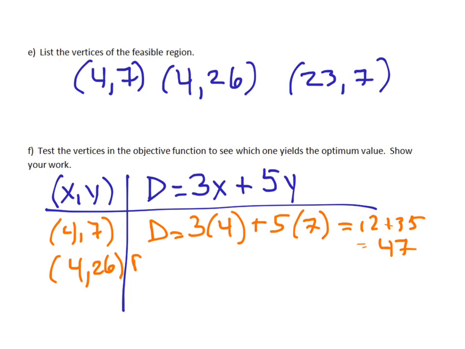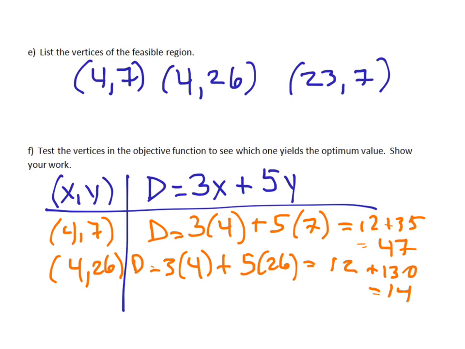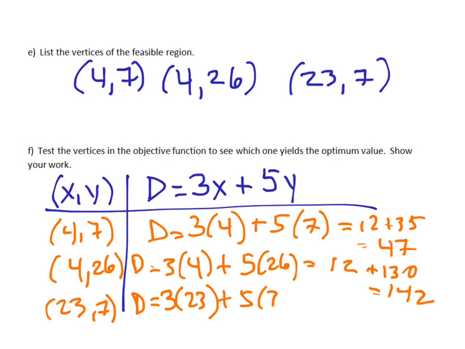4, 26 gives 12 plus 130, which is 142, and 23, 7 is 3 times 23, 5 times 7, that's 69 plus 35, which is 104.